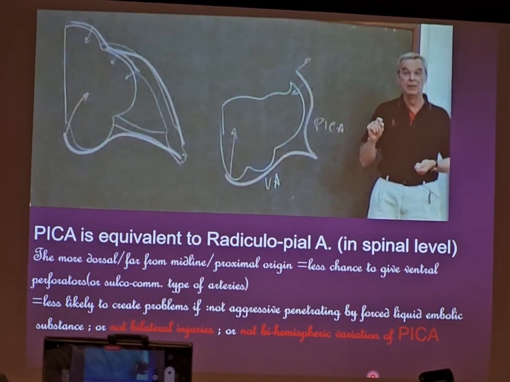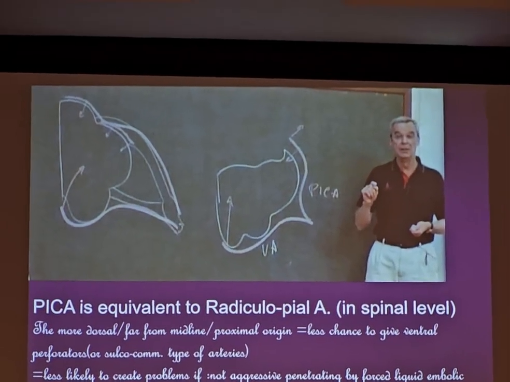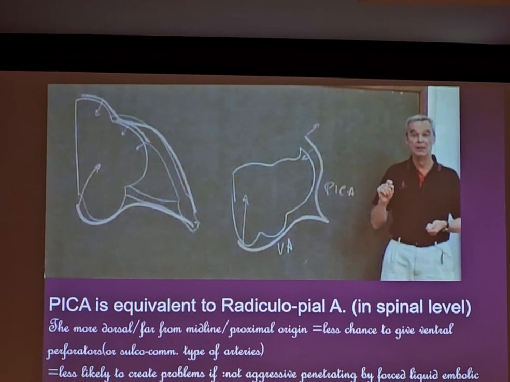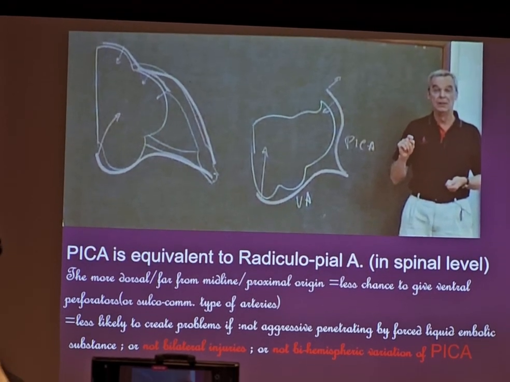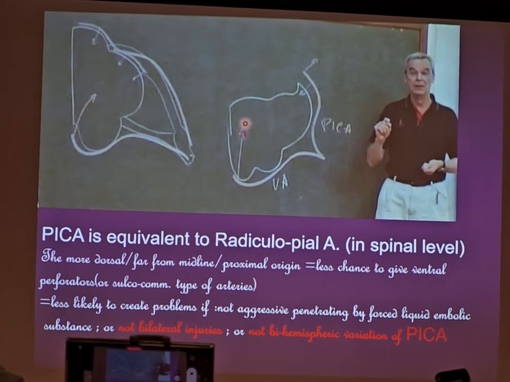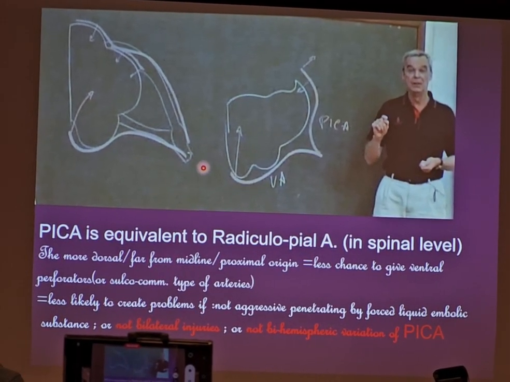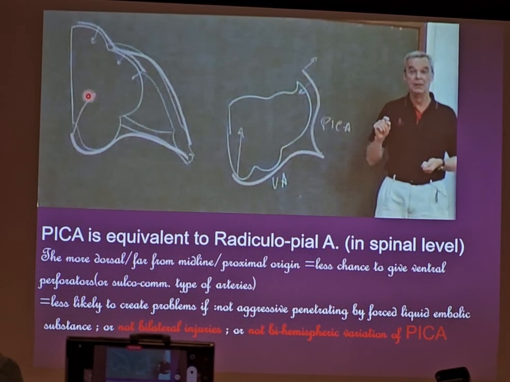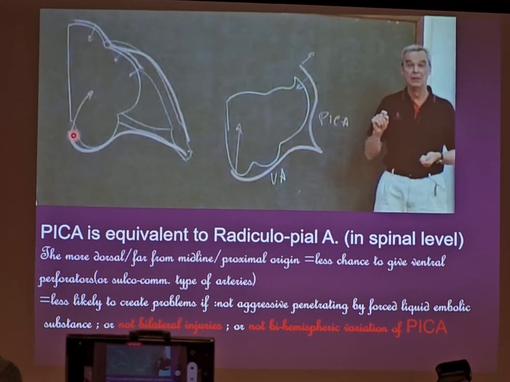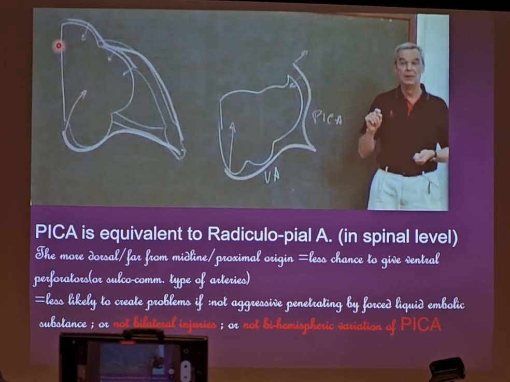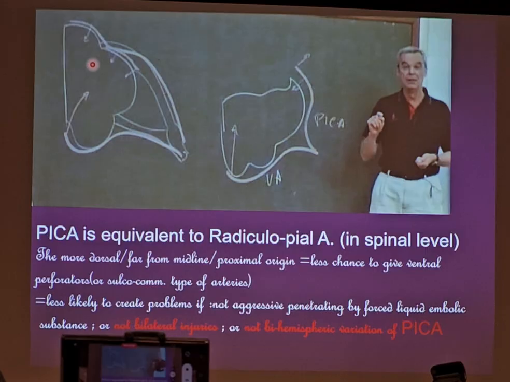So now we come to the importance. Why do we talk a lot about the origin of PICA? Because simply, try to look at what Pierre explained. We know that the ventral system gives important ventral perforators, while the dorsal system usually gives circumferential, lateral types.